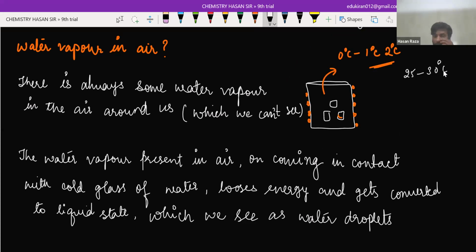Yes or no? Yes, sir. Now the ice will absorb energy from the surrounding and be converted into water, right? And the water vapor present here will also convert into water droplets, and in this way water droplets form. Is that clear? Yes, sir. Please do write it.